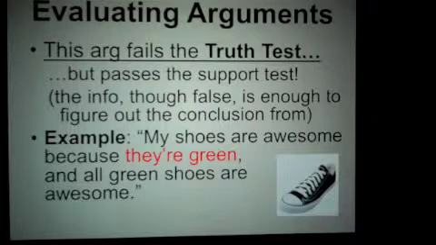So the information in the premises, even though it's actually false information, is enough information for us to figure out the conclusion. It's a little bit weird, but we'll be talking more about this idea of structure. But notice just for now that whether a premise is true or false has nothing to do with whether the premises combined support the conclusion in this logical support way.